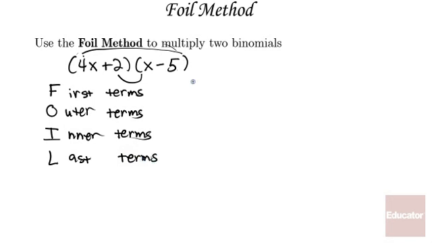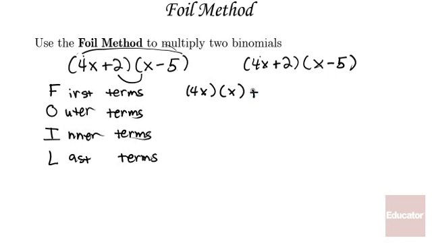So using the FOIL method, let's rewrite this right here. What I have is the first term. So 4x and x are the first terms, and I'm going to multiply those two. 4x times x. Then, according to FOIL, I'm going to multiply the outer terms. So these are the outer terms.